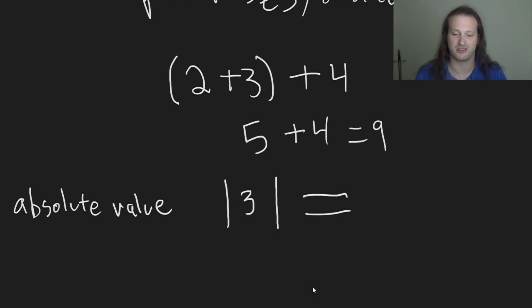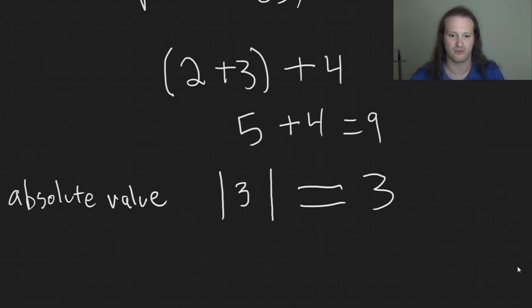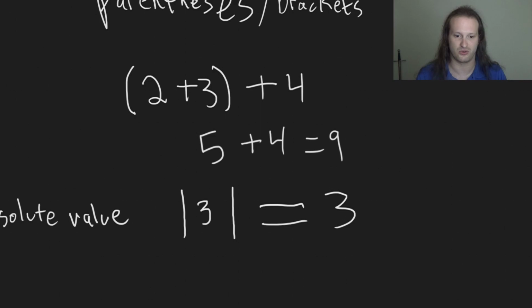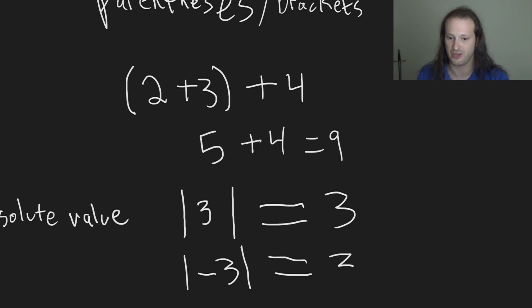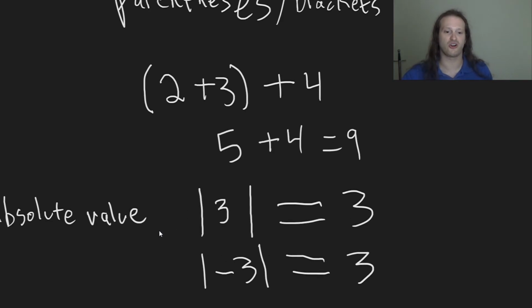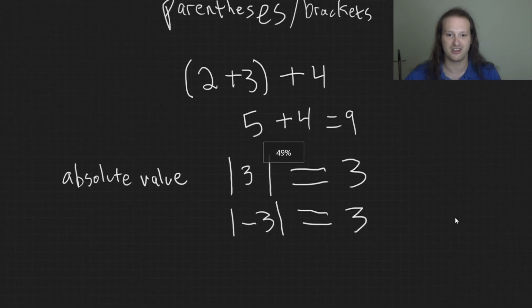And then that is enough to resolve the absolute value bars, so they just go away. So it becomes 3. So if I were to ask you what's the absolute value of -3, you would say, okay, whatever's inside, make it positive. So it's positive 3.